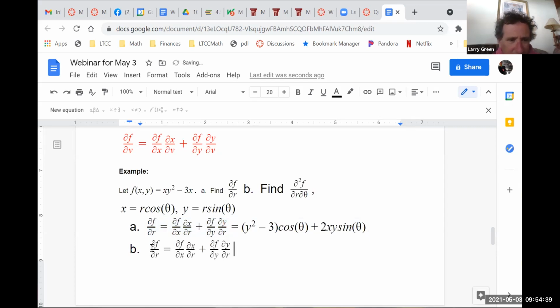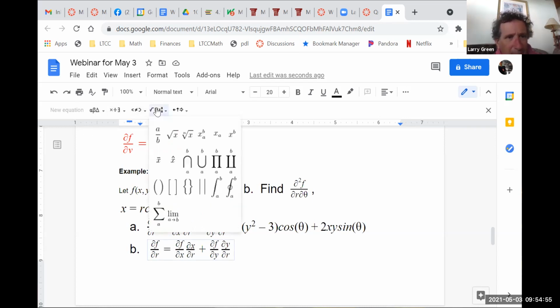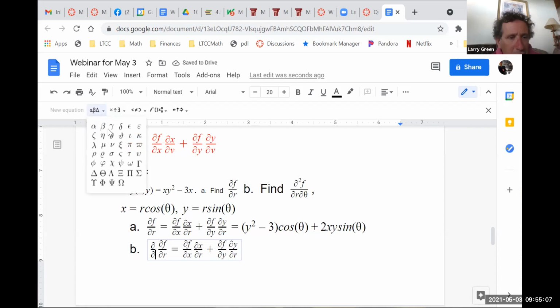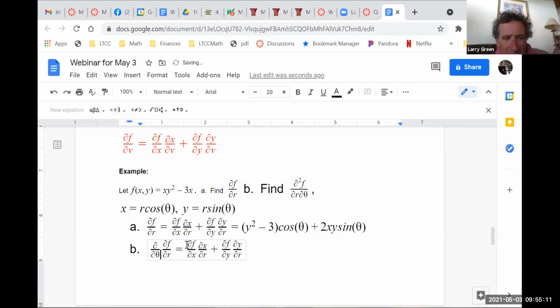So we have del squared f over del r del theta is del over del theta of del f del r, which is del over del theta of del f del x del x del r plus del f del y del y del r.